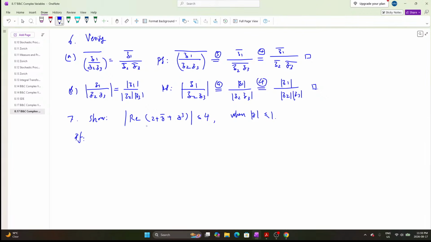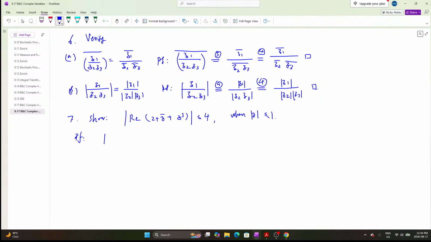Then you can apply the triangle inequality to what's inside. That's exactly what we need, because 2 plus the modulus of z bar, which is less than or equal to 1, plus the modulus of z cubed, which is also less than or equal to 1, is exactly 4. So this is very straightforward.